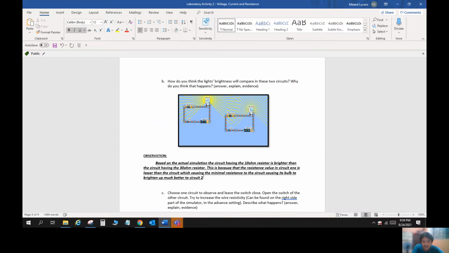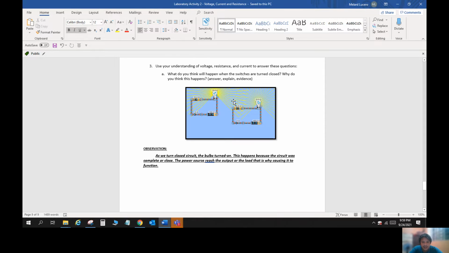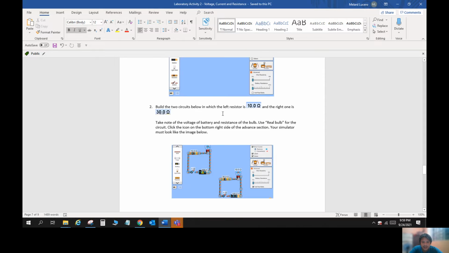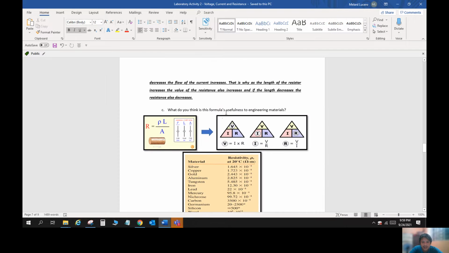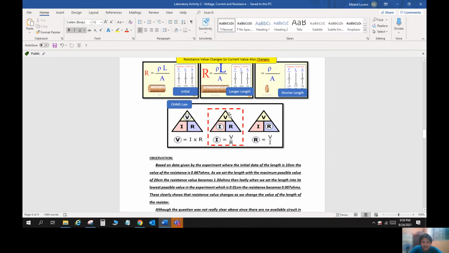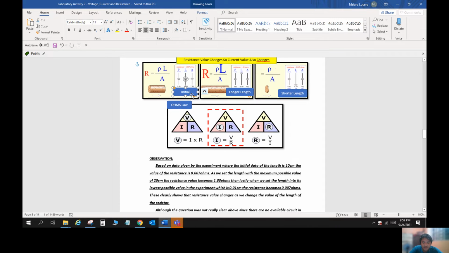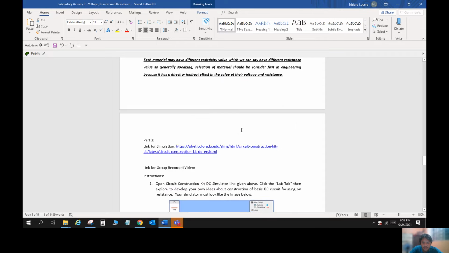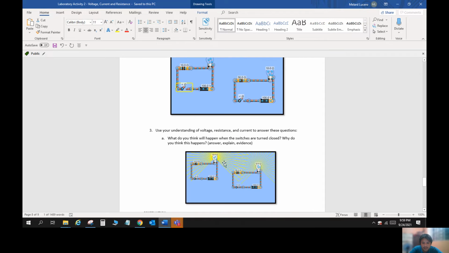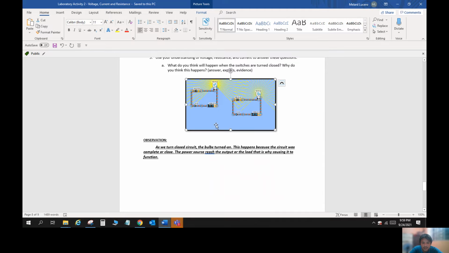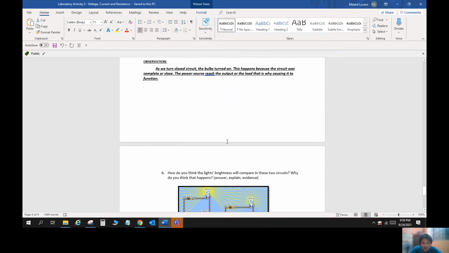Okay, yan. Circuit 1 and circuit 2, lagyan pala natin ng name para hindi tayo malito, or hindi malito yung makikinig sa atin, no? Hindi malito si ma'am. Ano na yan?